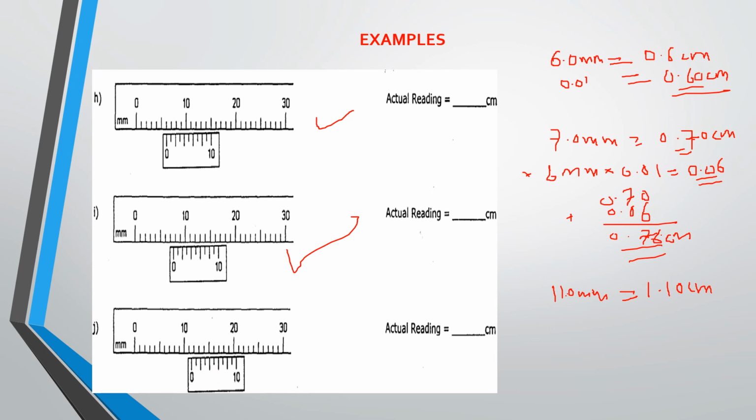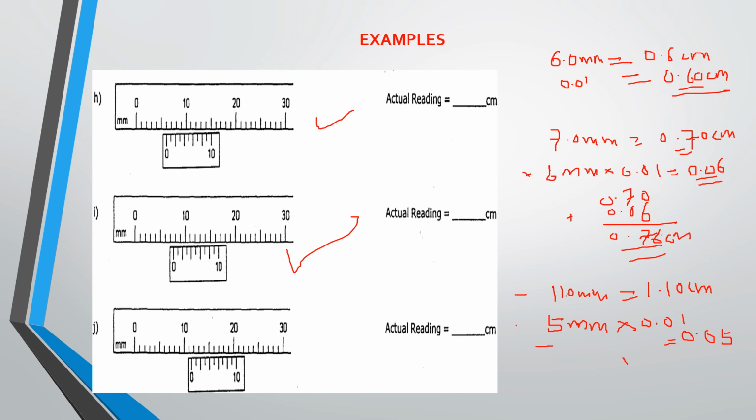That is 5 millimeters. So just as you did up there, you have 5 millimeters multiplied by the accuracy, which is 0.01. That gives you 0.05. Now, for you to get your final reading, add the two together. Add the main scale reading and the Vernier scale reading together.